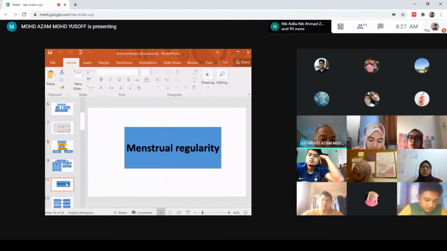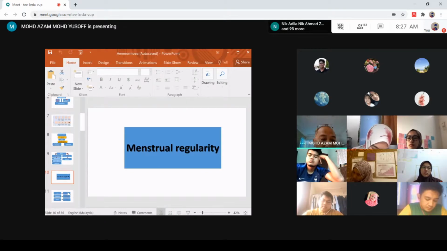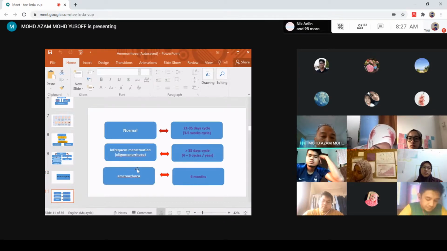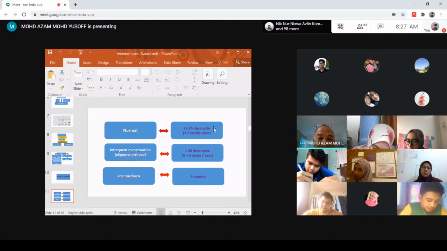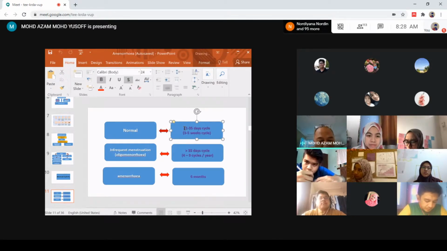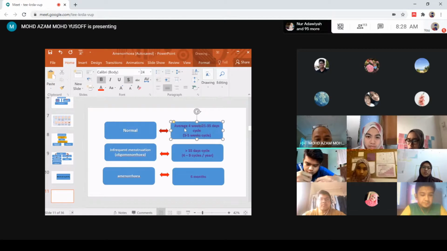All right, let's go very slowly. Menstrual regularity, isn't it? The normal menses is usually 21 to 35 days, isn't it? The normal menses is usually 4 weeks on average, which is 28 days that we always quote.